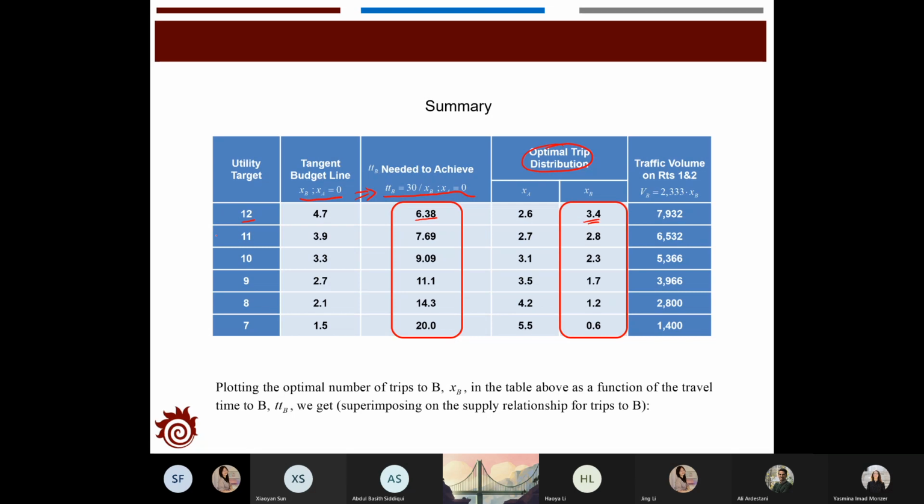You can find the values for the other utility lines for which you have already drawn the budget line to get the tangent point. And then let's just pick up these two columns.